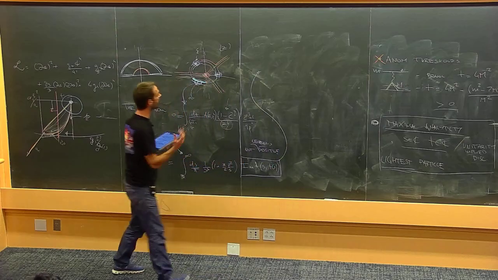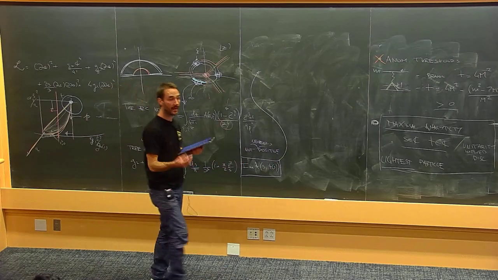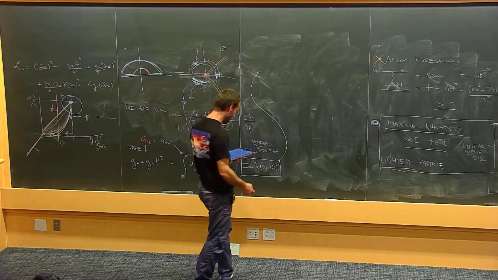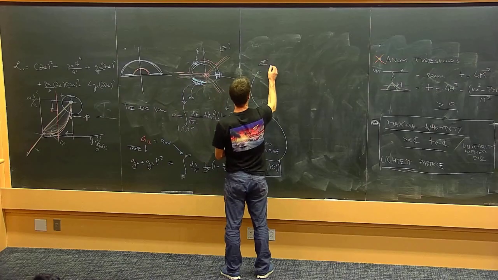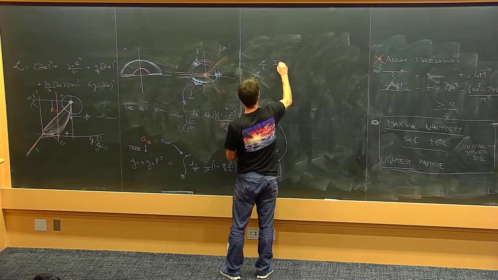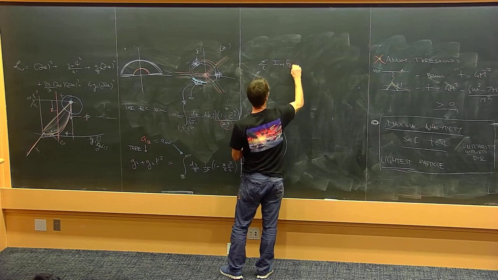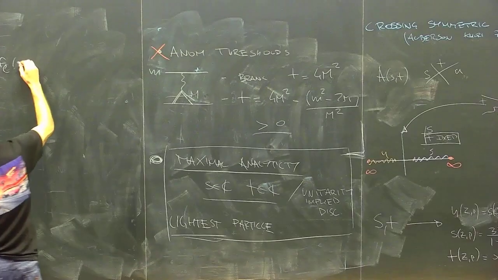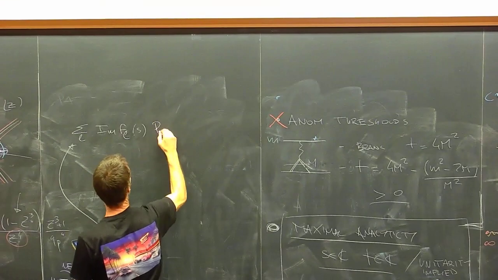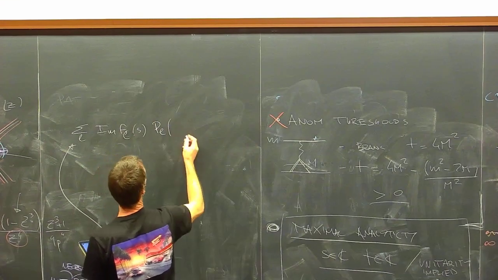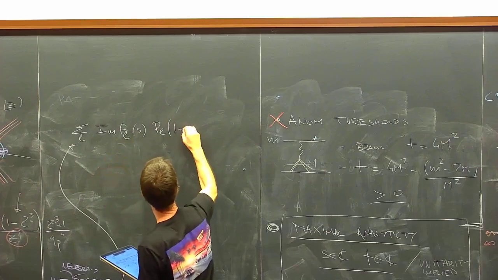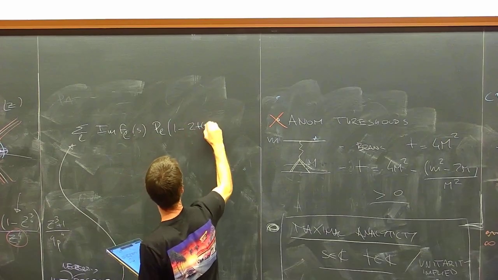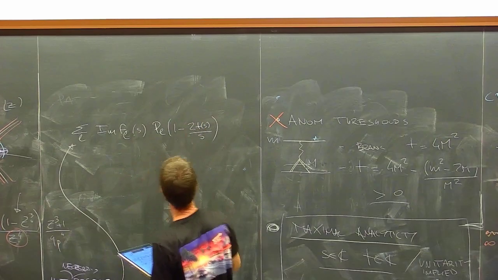But here is the other thing that I mentioned before. We can expand this thing in partial waves and write it as a sum over L of the imaginary part of the partial wave coefficients, let me call it L of s, and then we have some Legendre polynomial of 1 minus 2t(s) over s, okay?